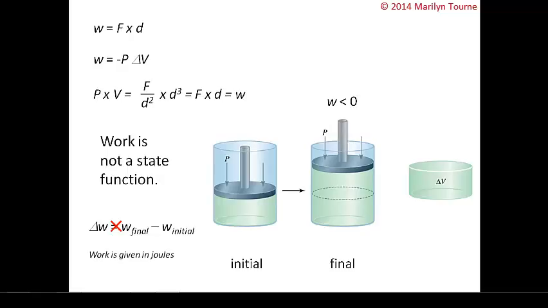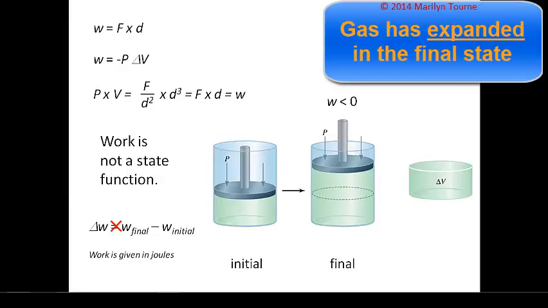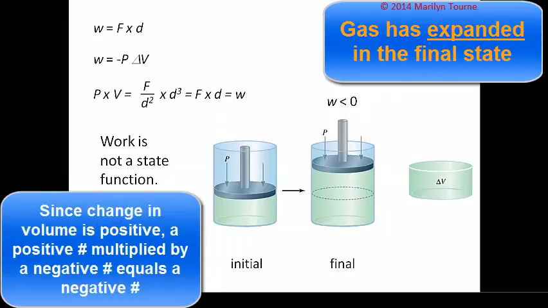So here, to figure out what the work is, all we have to do is look at what's going on. You start out with a gas cylinder that has a certain amount of volume and a certain amount of external opposing pressure. But the final state of that is that now the system has expanded. Okay, so the volume change is greater than 0, right?